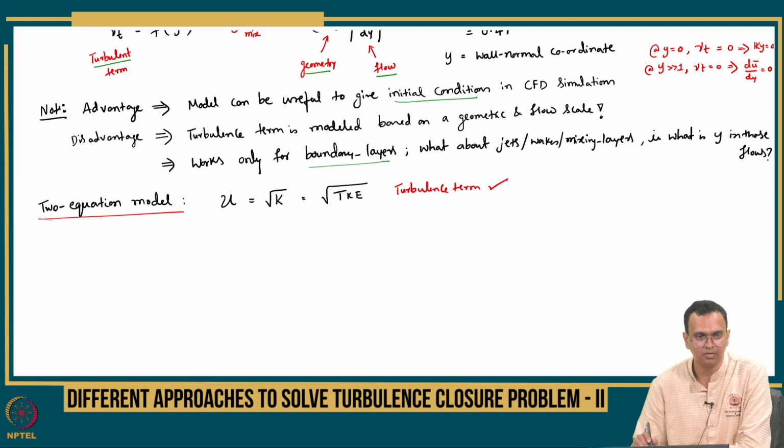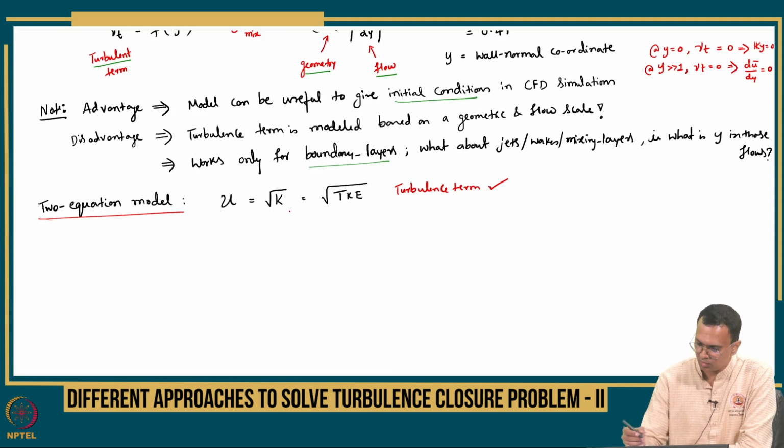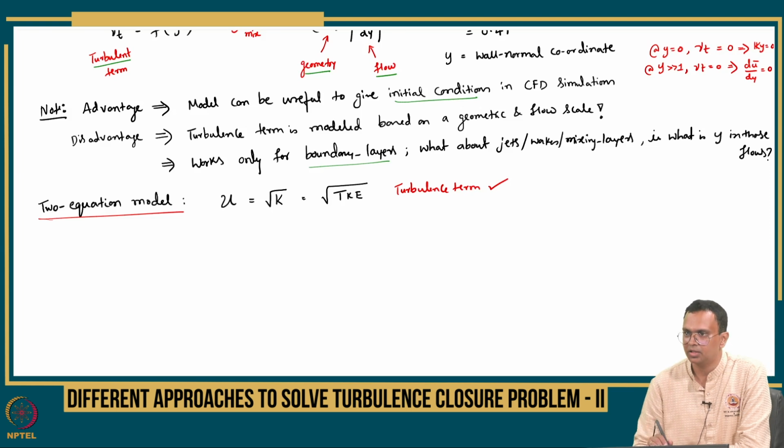Unlike previously, where we used a flow time scale and geometric length scale, at least now I am using a turbulent quantity. This has two purposes. One, I am modeling eddy viscosity based on a turbulence quantity. Another thing, in the Boussinesq hypothesis, nu-t and k are the two unknowns.